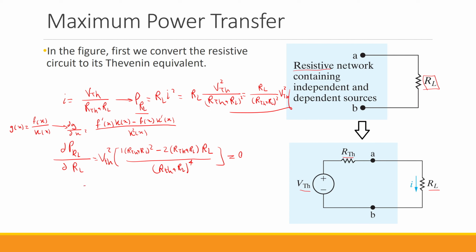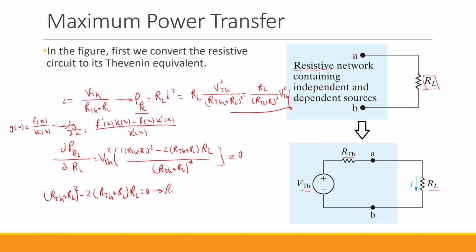So that means that RTH plus RL squared minus 2 RTH plus RL multiplied by RL, this needs to be 0. So let's just see what is the condition for this to be 0. So let's just calculate this quadratic equation.